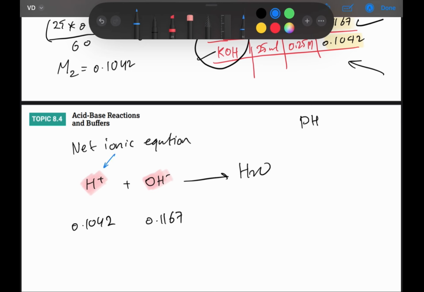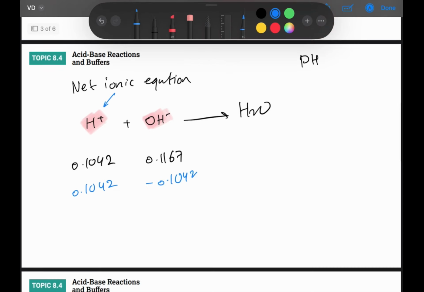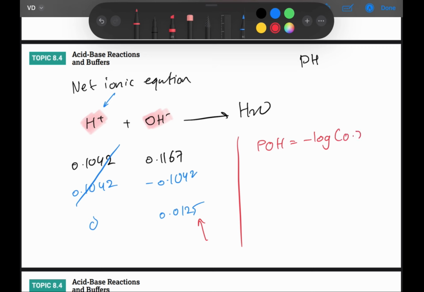Then I subtract the other from this limiting reactant: 0.1042. The remaining amount of H positive is 0 because it's totally consumed, but for the OH negative, it is 0.0125. In order to calculate the pH, we have to calculate the pOH first, since we have OH at this point. So the pOH is equal to negative log of 0.0125.